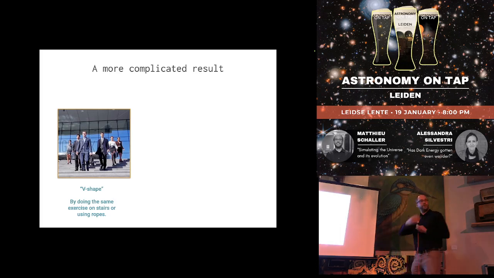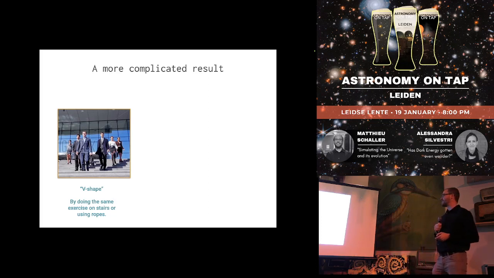For instance, if we imagine that the stairs represent a black hole at the bottom, it's easier to go towards the black hole than away. So at the end, instead of having a straight line, we would end up with people in a V shape like that. So we find a solution where instead of an empty universe, we have a more complicated setup. You could also attach people with elastic bands to the wall and have the same problem, but I think health and safety will not let me do this.